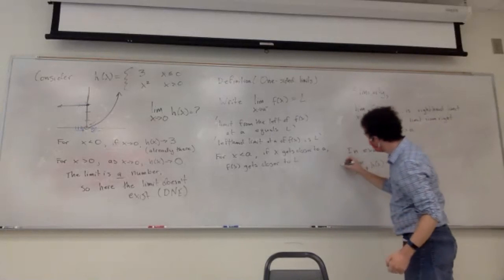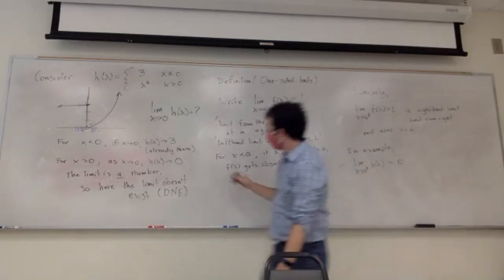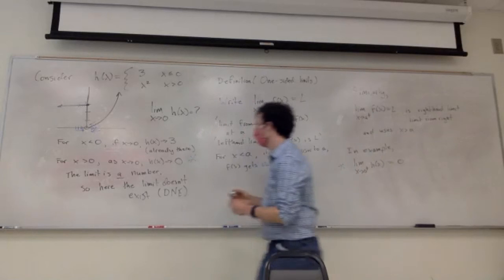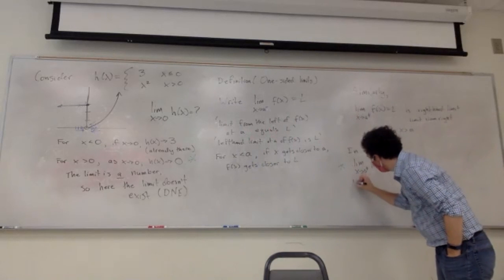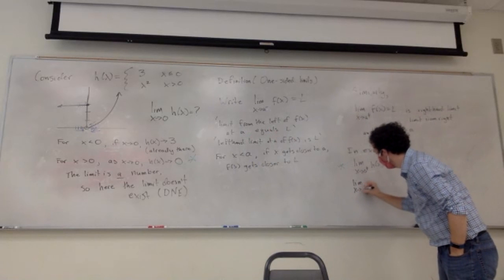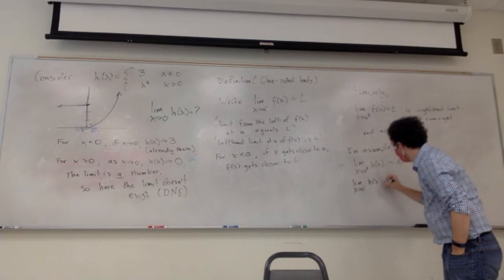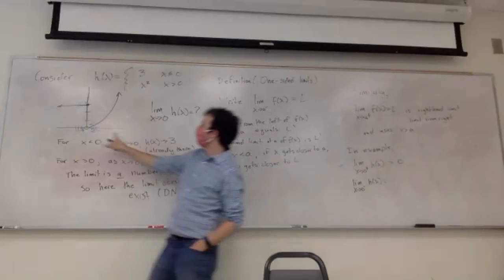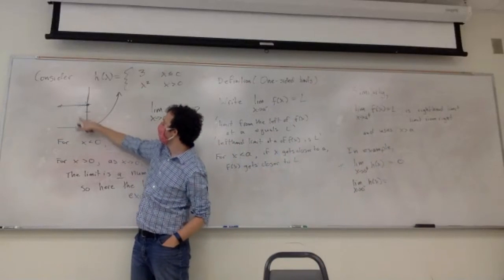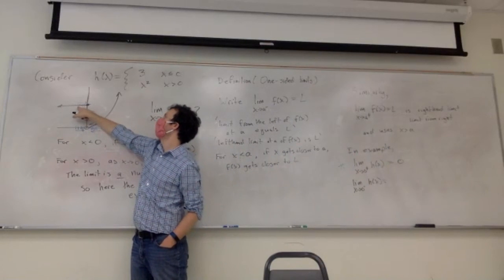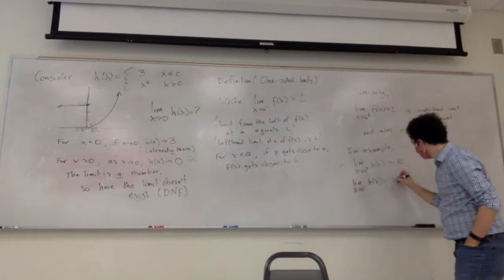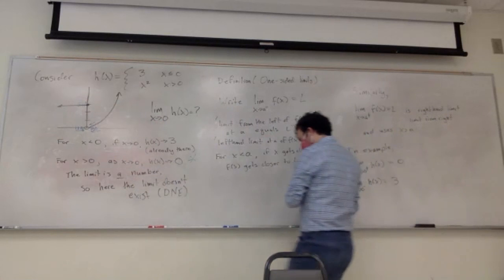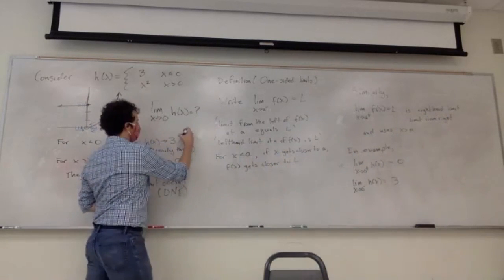So this really corresponds to this right there. And we also figured out the other side. The limit as x goes to 0 from the left of h of x. You're on the left side. For these x's, the function is the line, and the line is staying at 3 the whole time.